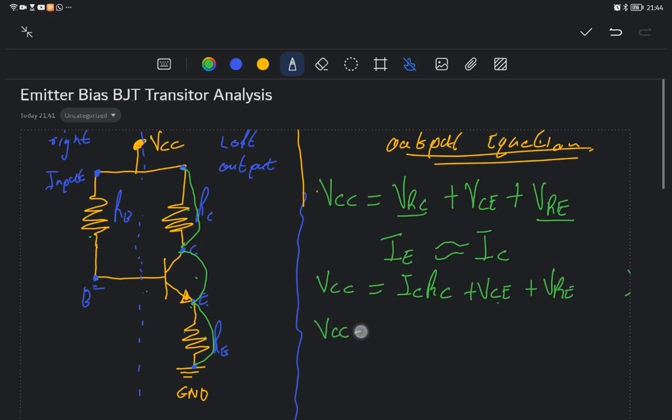Therefore VCC minus VCE is equal to IC RC plus IE RE. What is IE? It's IC. So VCC minus VCE is equal to IC RC plus IC RE.